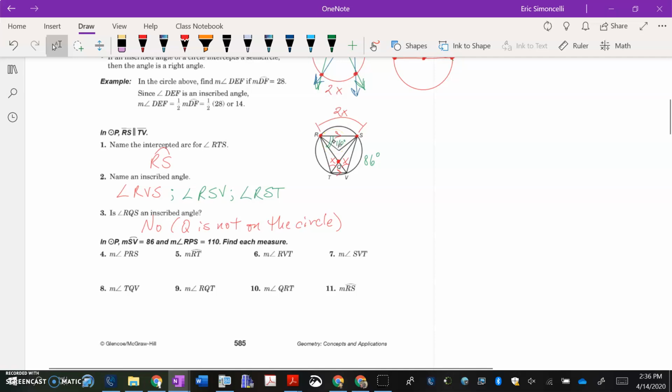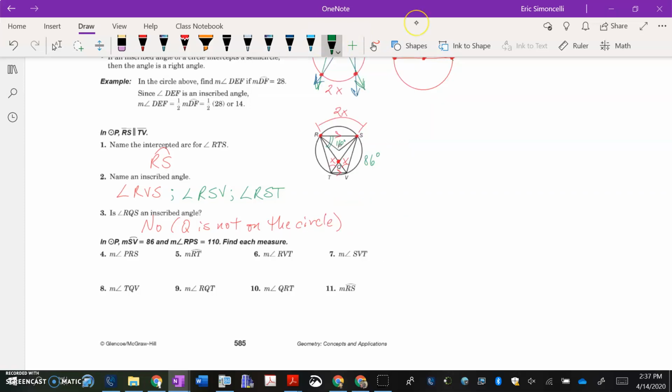Now remember the nuance of the RS segment being parallel to the TV segment? Well, this actually is more interesting now in the sense that we can highlight things like alternate interior angles as congruent. For example, angles like so. This is going to be a little bit more interesting with marking, but we'll do our best here.